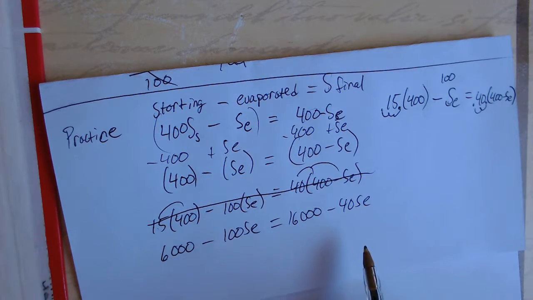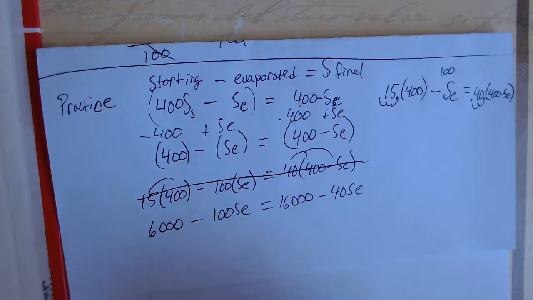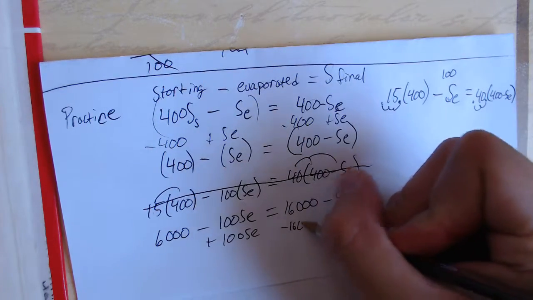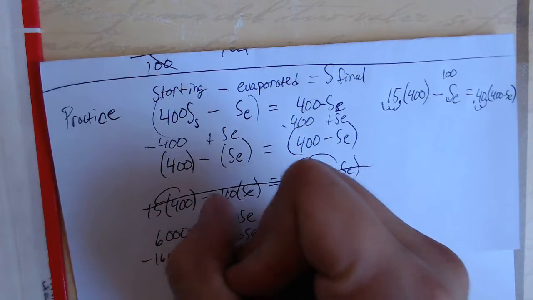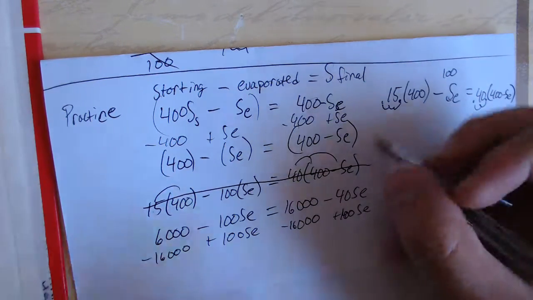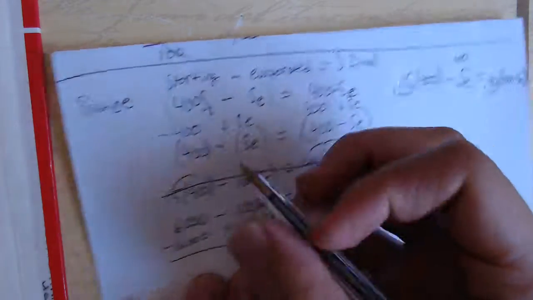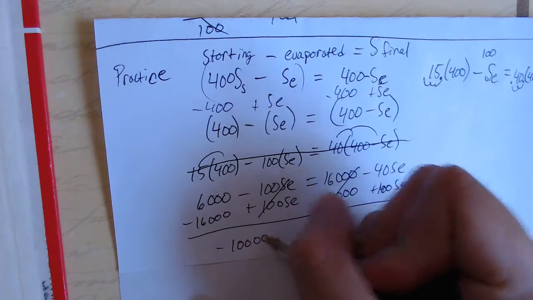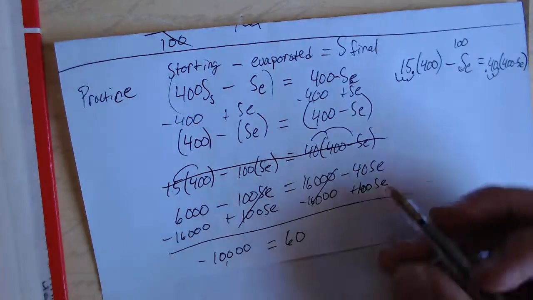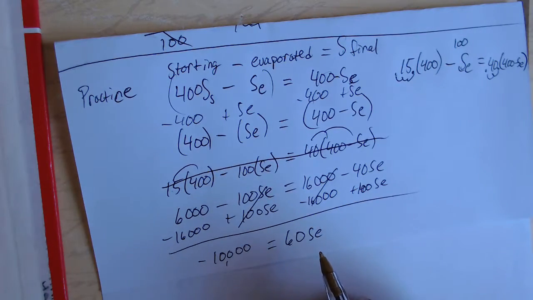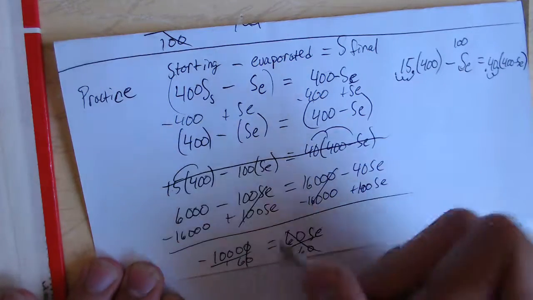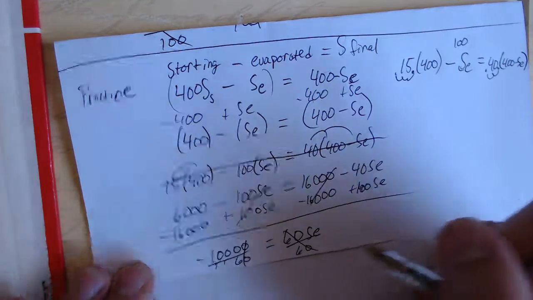We can use this equation to solve since we've accounted for the percentages in the solution. I'll move all the SE's to one side, and all the volume amounts to the other side. What happens is I get negative 10,000 over here, and over here I get 60 times the solution evaporated. So I finish solving, and it's 1,000 divided by 6.